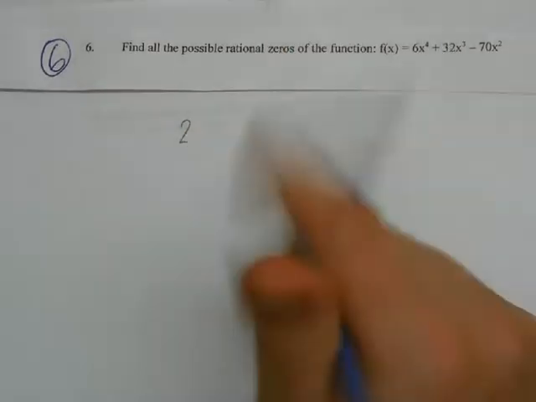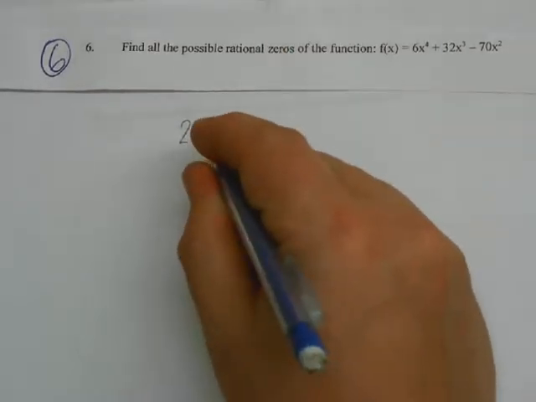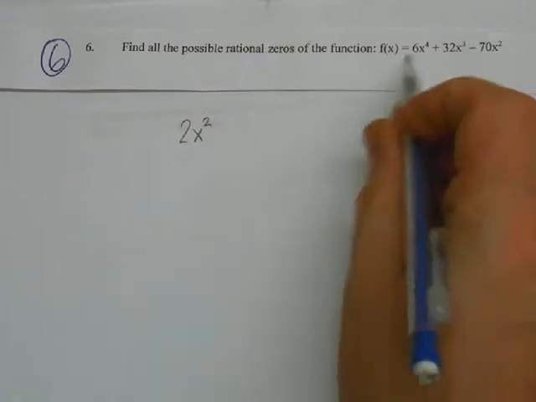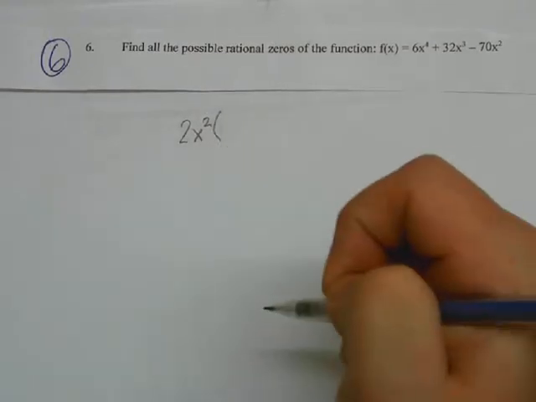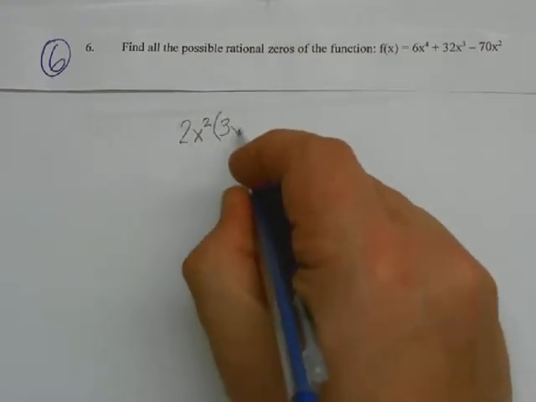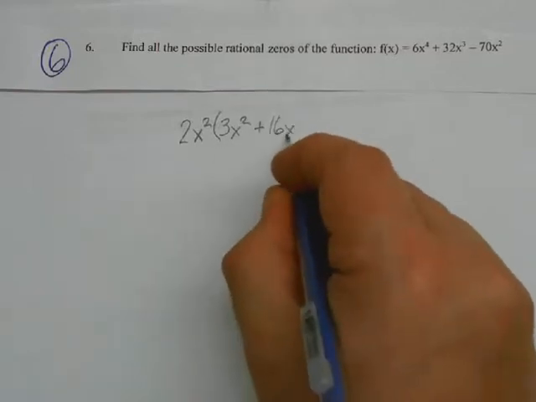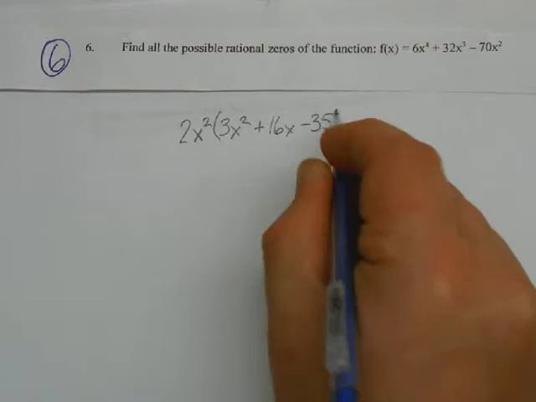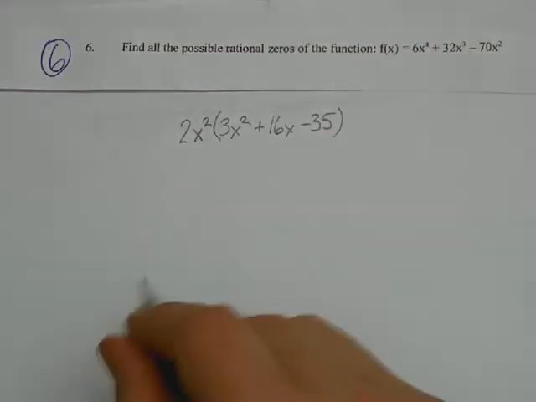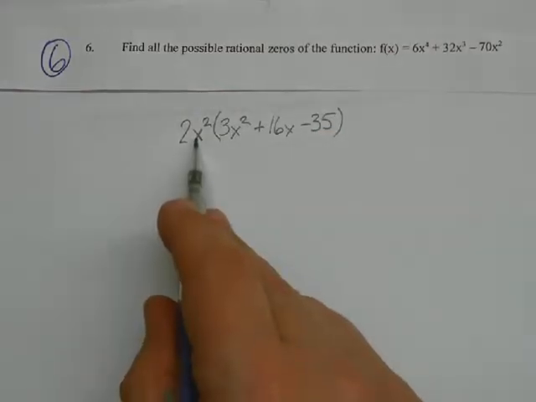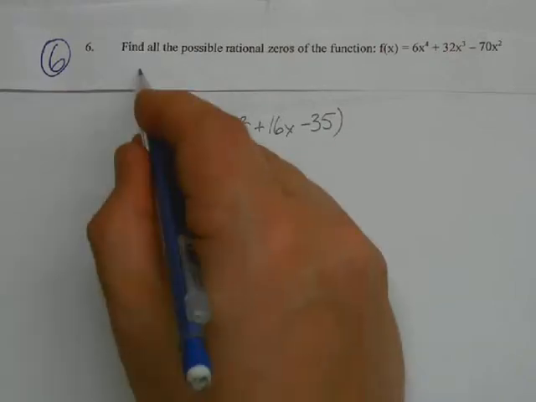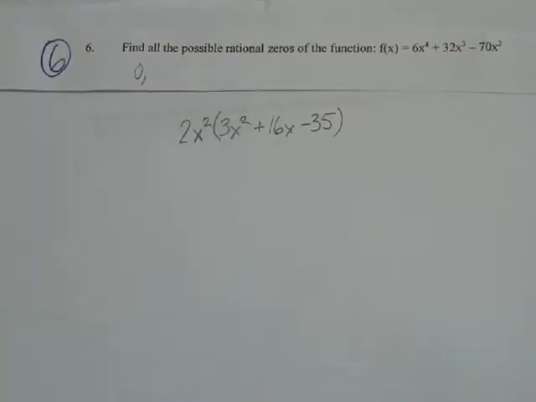So I can factor out 2x squared out of this function. So we know that 2x squared gives me 0 as one of my rational roots.